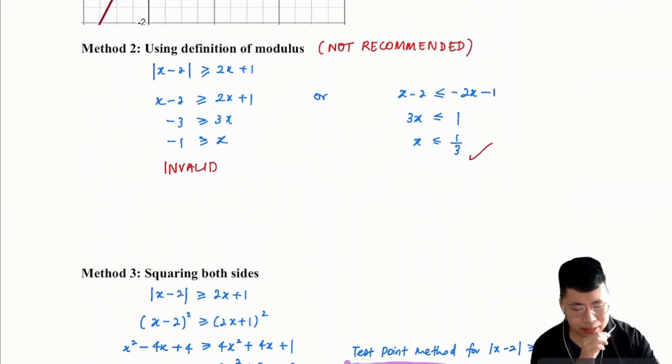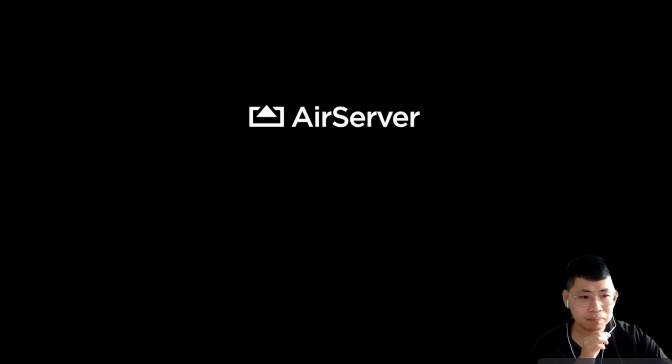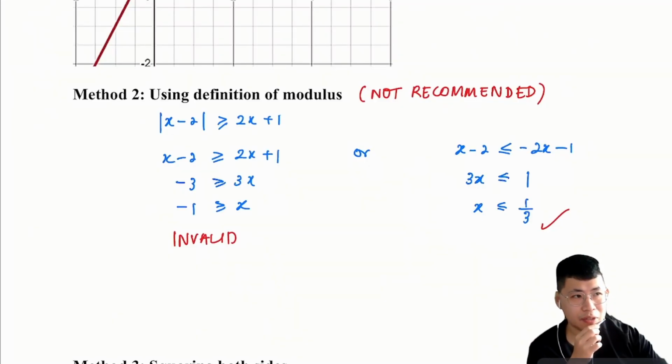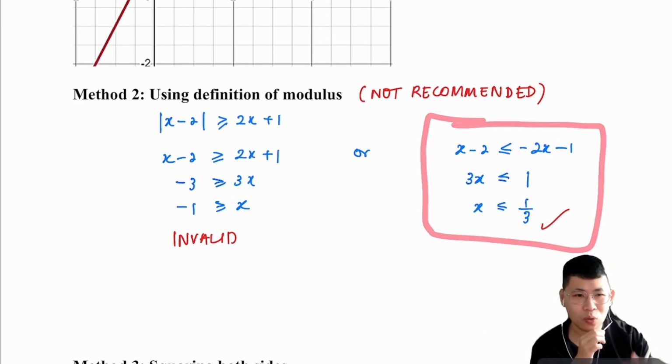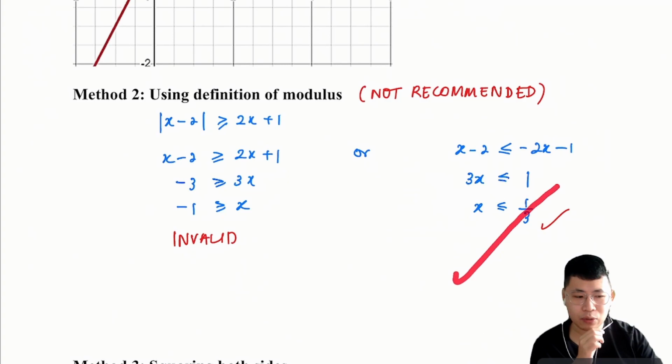When we come to using the definition of modulus, this is not recommended, because we will still need to test the values into the graph, and we'll need to be sensitive to see which exact curve they are intersecting. So in the end of the day, we still need to fall back to the graphical method to determine which inequality we are solving. We are not solving for this inequality because there's no intersection. We are solving for this inequality because the intersection is there, right?